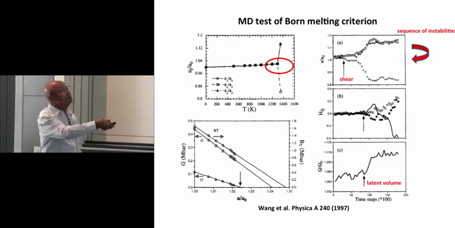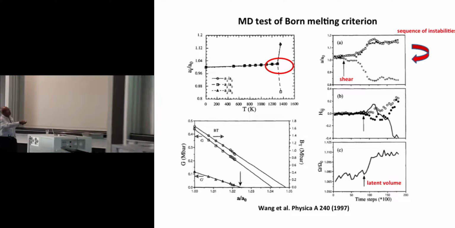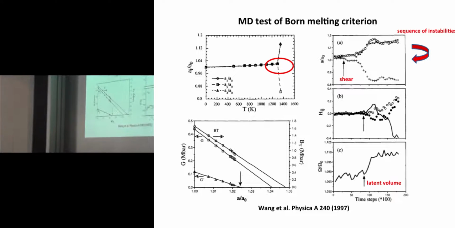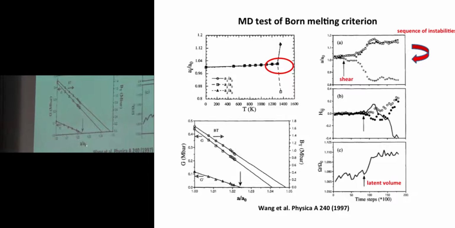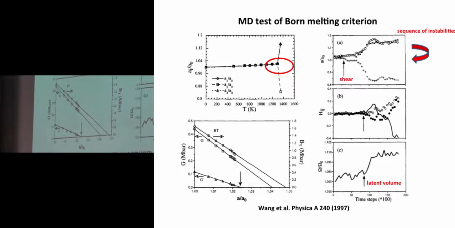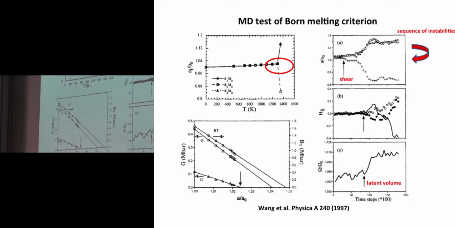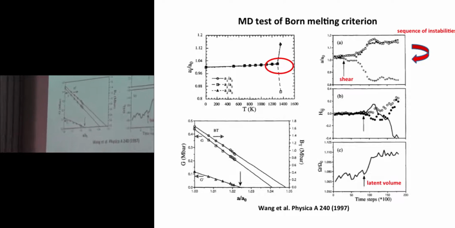The bulk modulus didn't do anything. So if you plot the bulk modulus and the shear moduli, G is the C44, G prime is the C11 minus C12, you notice they actually change as a function of lattice parameter. And the lattice parameter itself correlates in a one-to-one fashion with temperature. So this is essentially a plot of the elastic constants of the sample, gold, as a function of temperature.